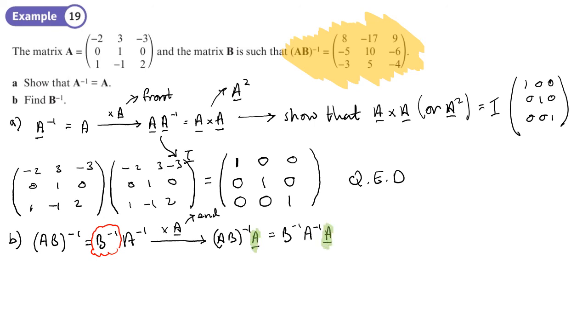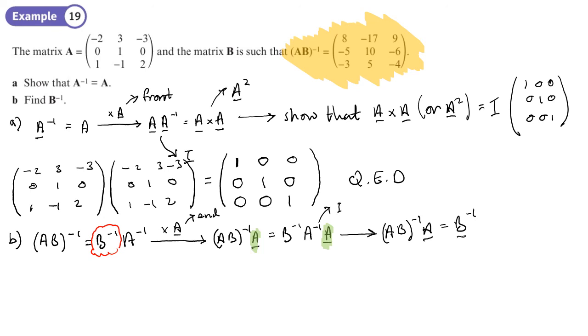Now we know what's going to happen is that this will become the identity, so they cancel out. Then what we're left with in the next step is AB inverse A equals B inverse.